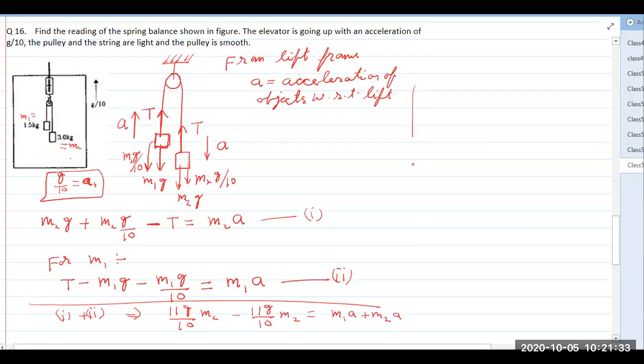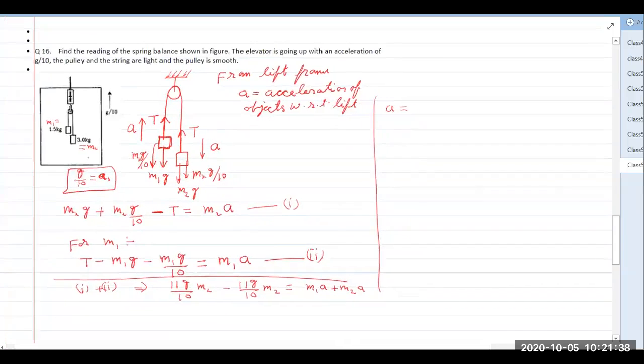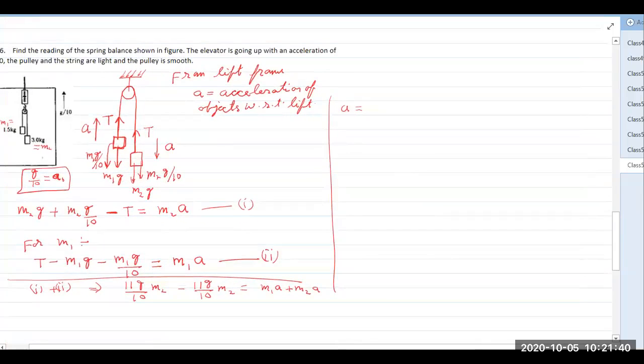Now if you solve it, a will be equal to 11g by 10 times m2 minus m1 divided by m1 plus m2. Here m1 and m2 are 1.5 and 3, so 3 minus 1.5 divided by 3 plus 1.5.